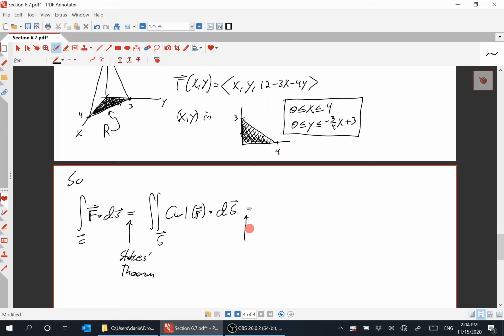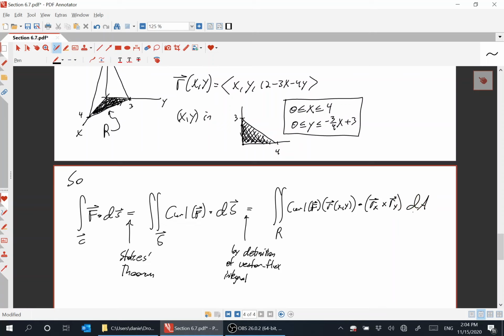Now, what were the other ingredients that were necessary here? This is equal, by definition, to the vector flux integral, the double integral over R of the curl of f along the parameterization r(x, y), dot r_x cross r_y dA.